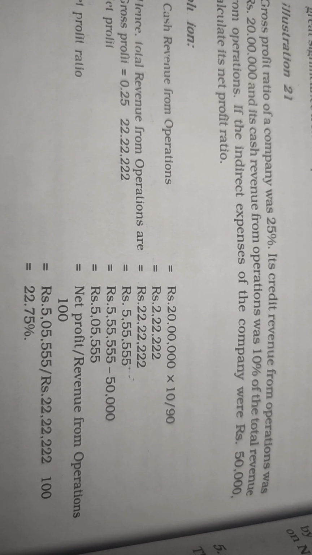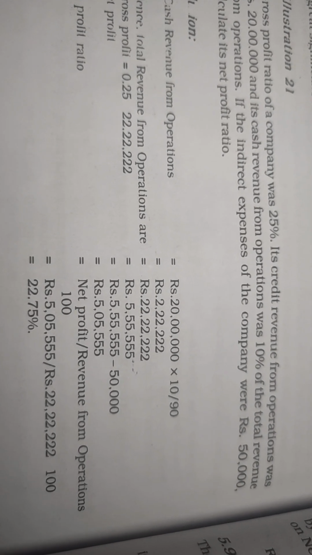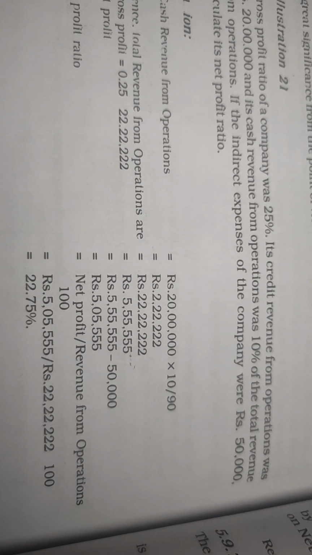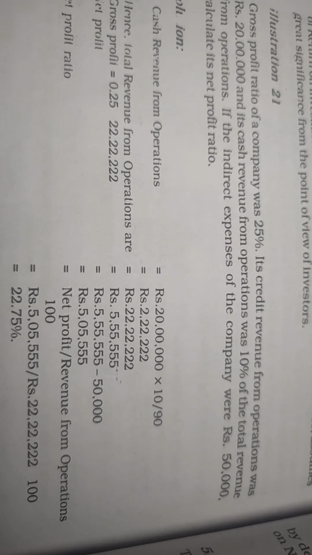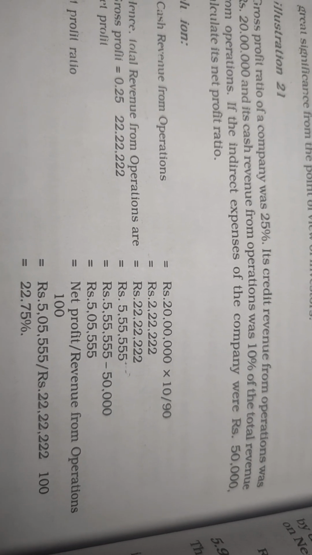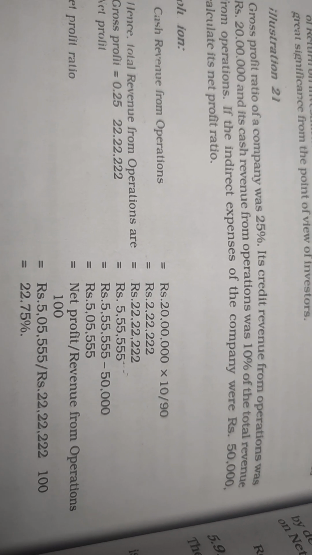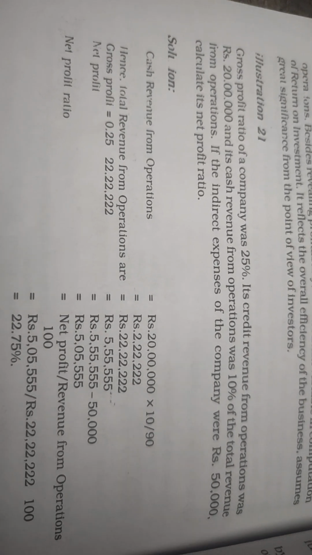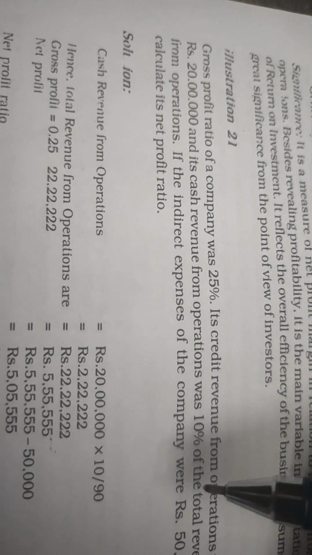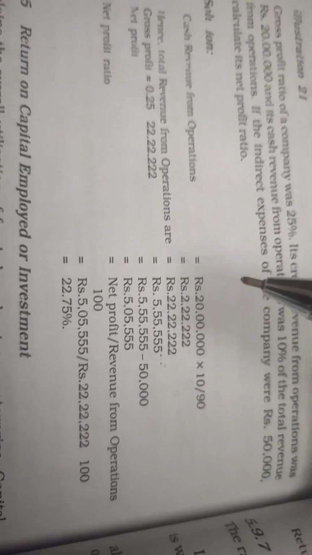The credit side minus the indirect expenses is the net profit. There are no more items on the credit side in the question, so only the gross profit is there. Hence net profit is computed as gross profit minus indirect expenses. The indirect expenses in the question are given as 50,000.